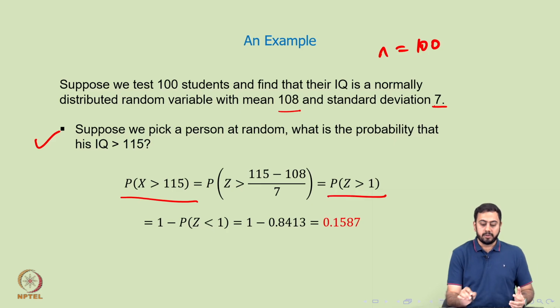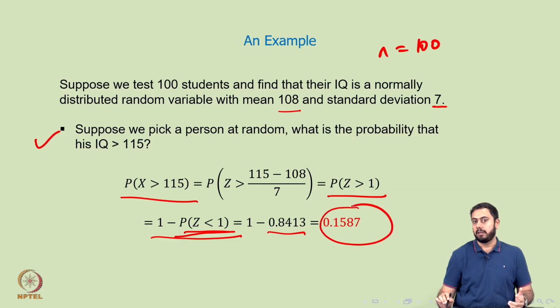So this probability reduces to 1 minus the probability that Z is less than 1. From the normal table, the probability that Z is less than 1 comes out to be 0.8413, and eventually you subtract this number from 1. So the final answer is 0.1587. If you pick a person at random, the probability that his or her IQ exceeds 115 is kind of low, only 0.1587, or about 15%.